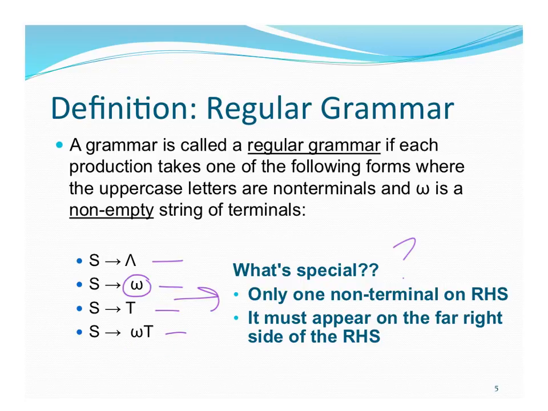And furthermore, there's only ever one non-terminal on the right-hand side when there is one. And in addition, if there is a non-terminal and there are any terminals in there, the non-terminal has to be to the far right. So there's either a non-terminal by itself or a non-terminal at the very end, after the non-empty string of terminals. So this means we can't do that bubbling out trick that we've been doing for making those languages that aren't regular.